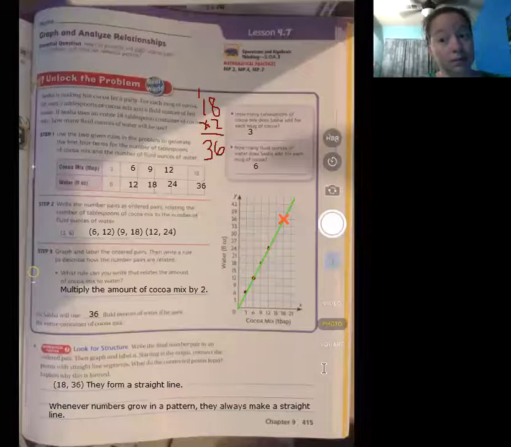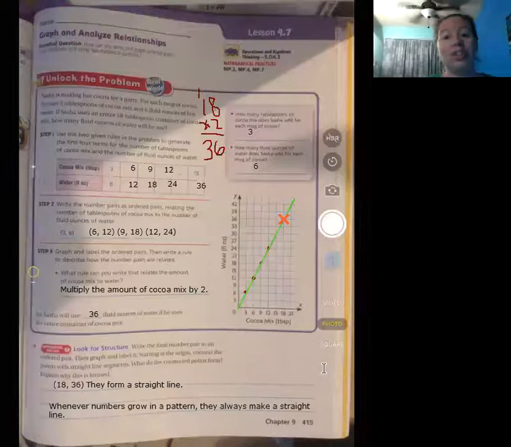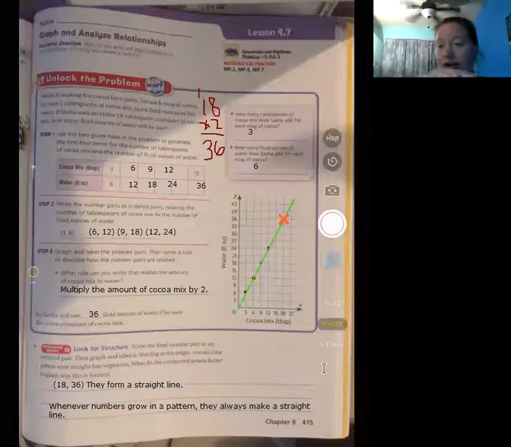This is always true. If the numbers are growing in a pattern, in a way that you can say, do this every single time, and you'll get the answer, it'll always make a straight line. You'll never end up with one of those funky lines. It'll always be a completely 100% straight line.